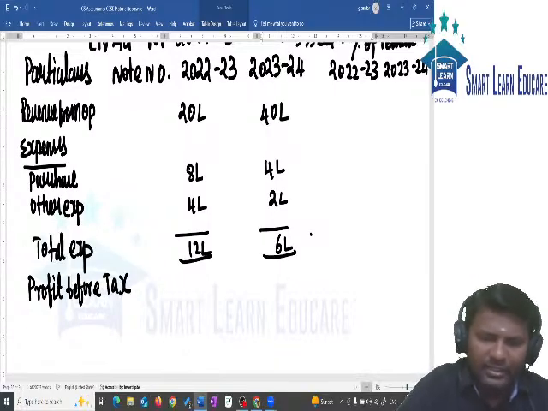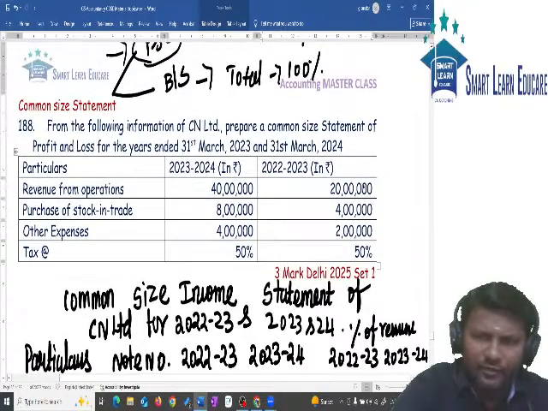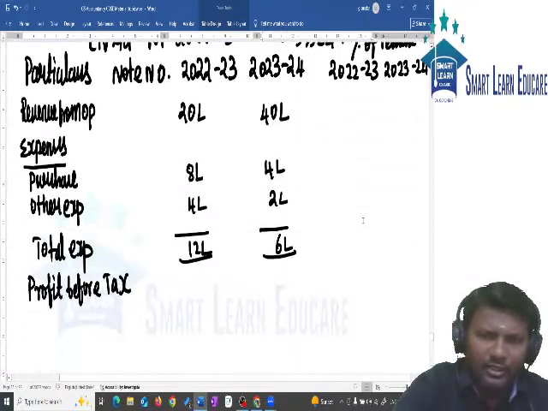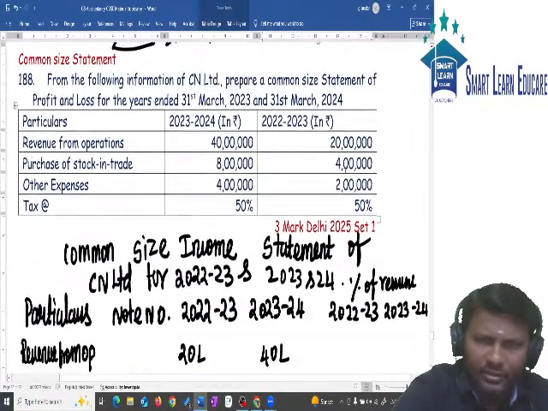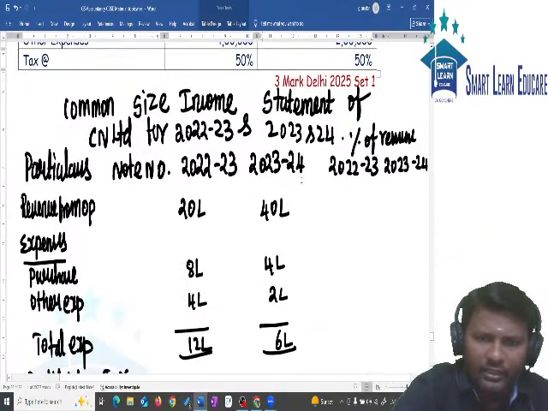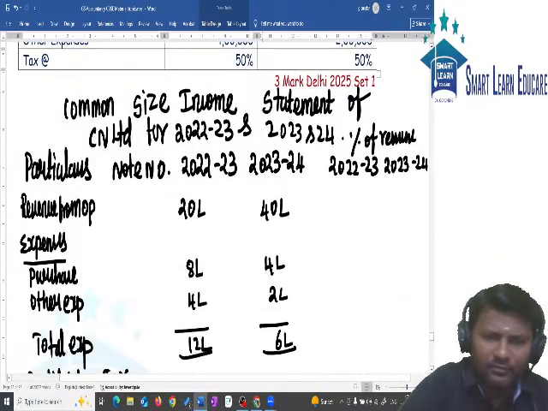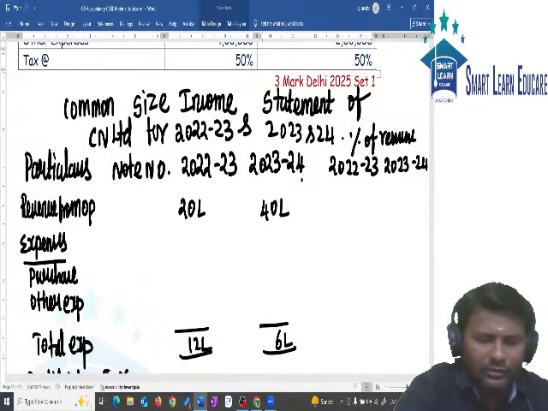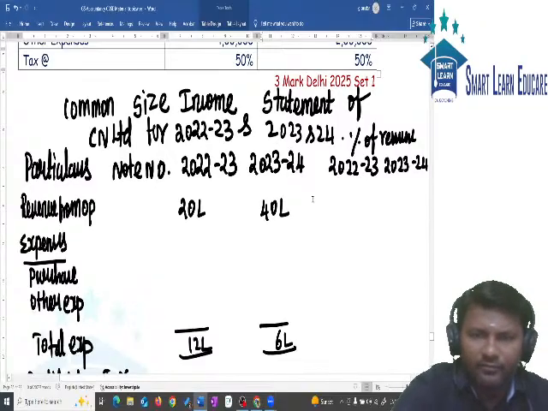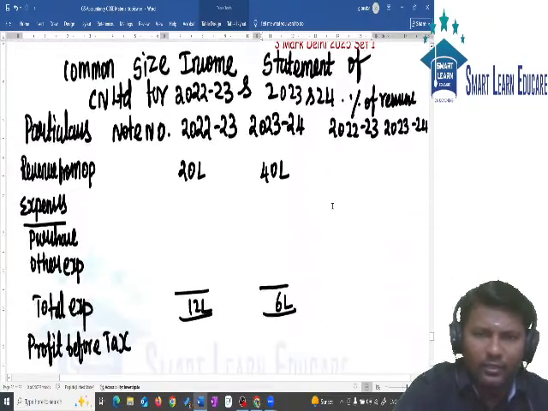Oh, I have written this wrongly. So first for 2022-23 you should write what is the information. 20 lakh is the revenue, and the expenses are 4 lakh and 2 lakh.